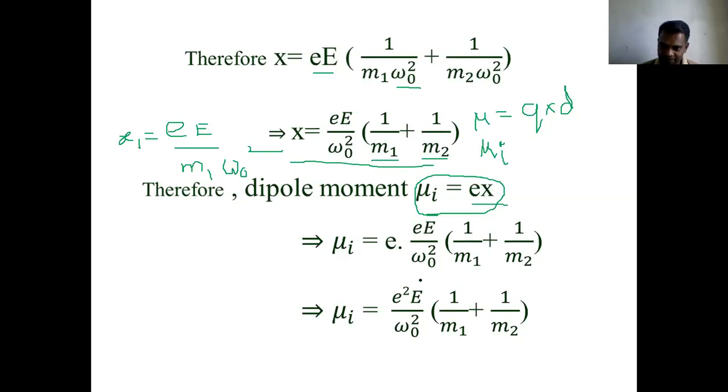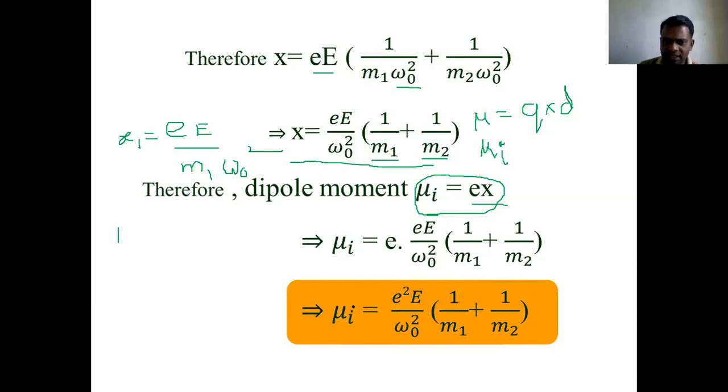Now let us compare this equation, mu equal to alpha E. This is equation 2 and this is equation 1. Now compare equation 1 and equation 2. This is mu I. Both are the same.